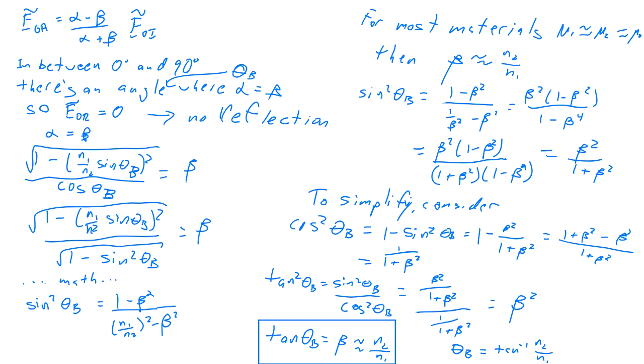But I think what you're going to find is if beta is equal to 1, that's actually going to save us, because otherwise it would give us a specific angle at which there's no reflection. If we don't say, hey, there's a problem here, we would get 1 squared over 1 plus 1 squared for the ratio, so it would be 1/2.